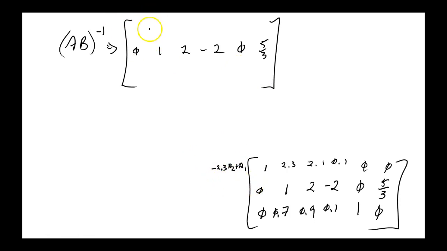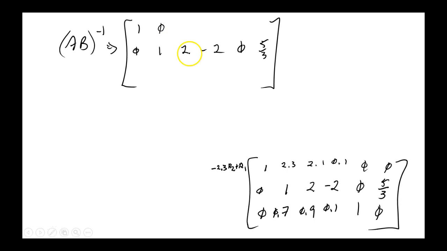Added to row 1 would be 1. Good? Next. Next. Next. It better be 0, hadn't it? Yeah, and it is, right?